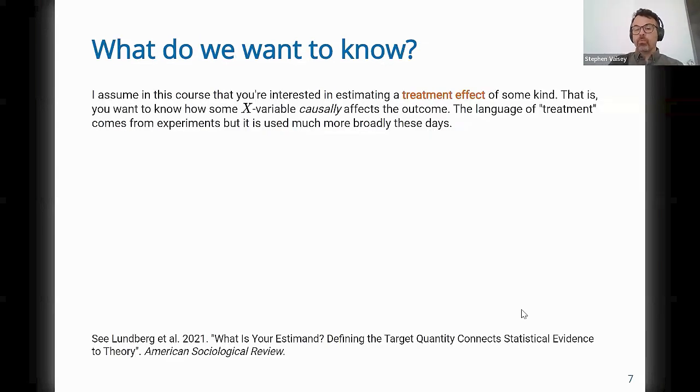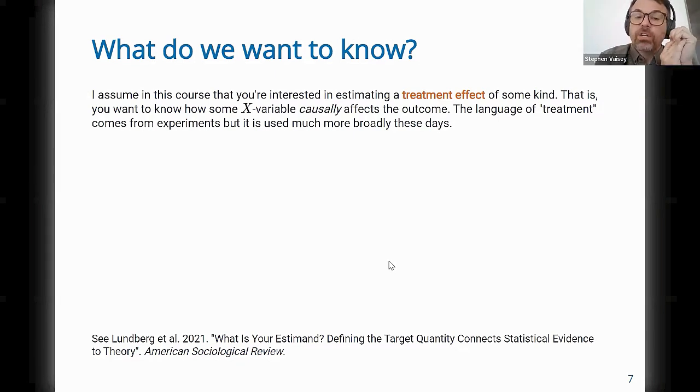So the question is, what do we want to know? What's the kind of thing that we want to know when we approach data analysis, but in this case, with a specific focus on longitudinal data analysis. I'm going to assume in this course that you are interested in estimating a quote unquote treatment effect of some kind. That is, you want to know how some independent variable, some X variable, some observed predictor causally affects the outcome.